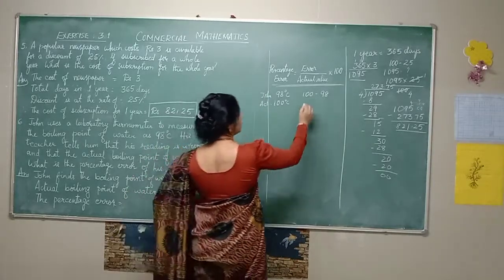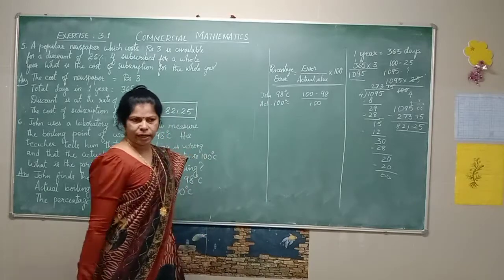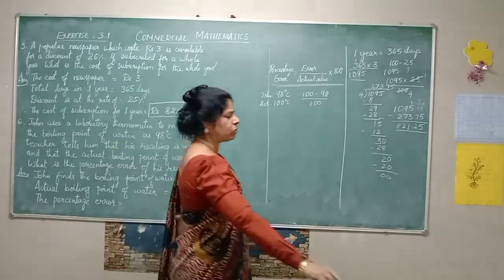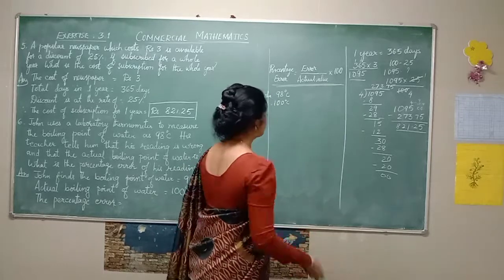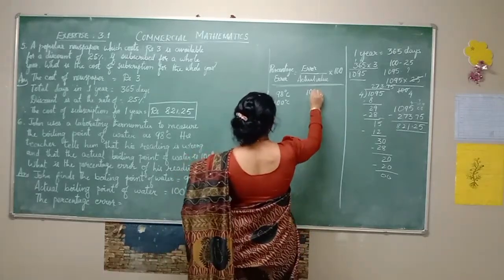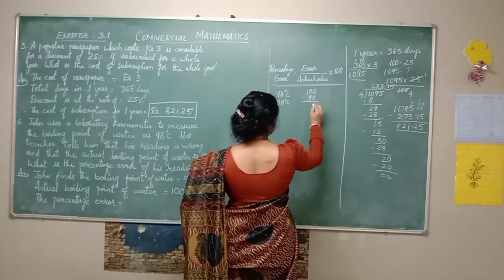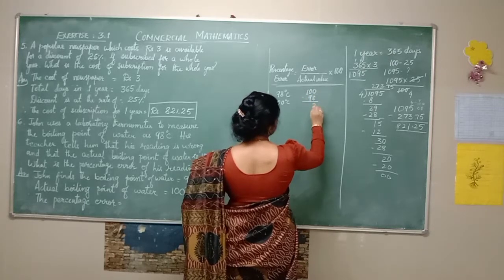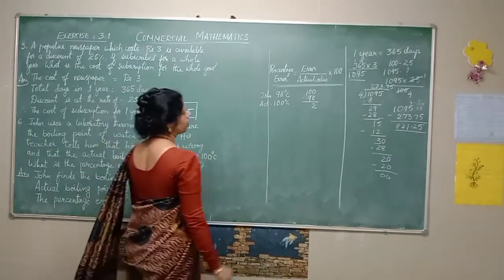But actually it is 100, right? So when you do 100 minus 98, what do you get? 100 minus 98 is 2.